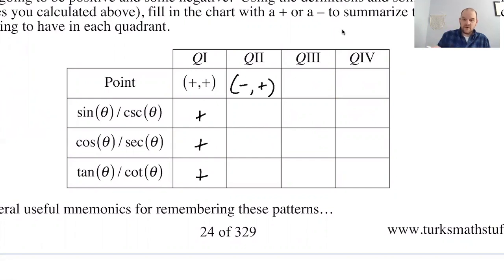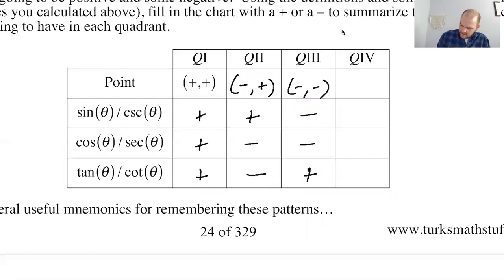So y is positive, which means that sine and therefore cosecant will be positive. Everything else involves an x, so everything else is going to be negative. Third quadrant, negative, negative. So the only thing that will be positive is something that uses both x and y, and that is tangent. And then everything else, negative.